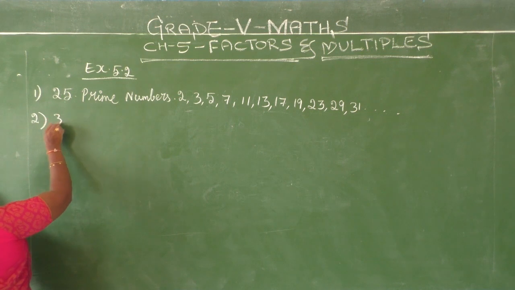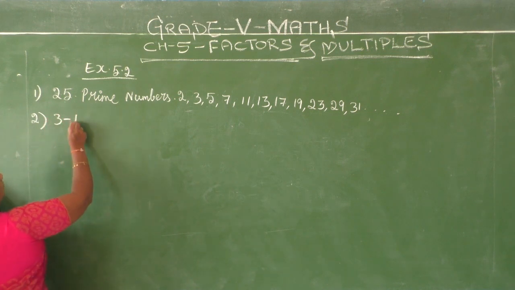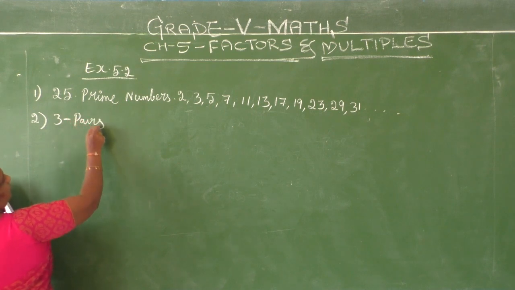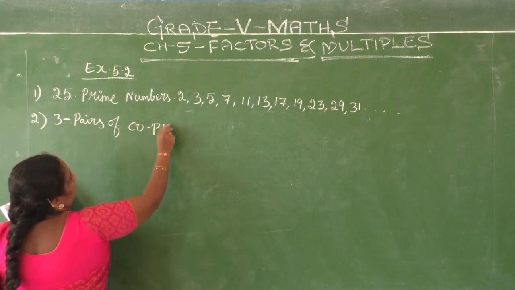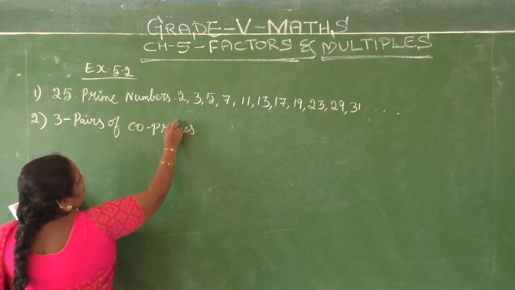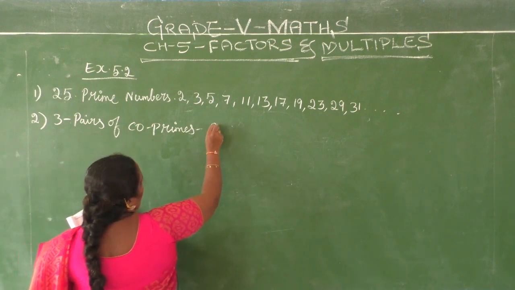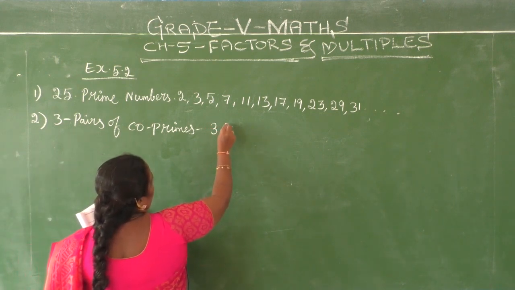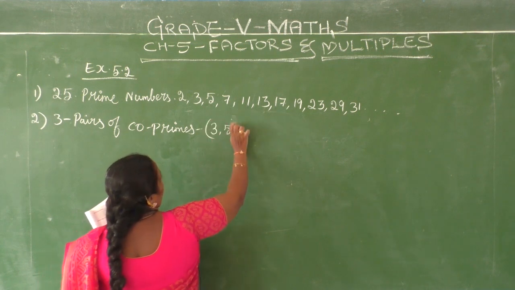They are asking for 3 pairs of co-prime numbers. See, I am giving the 3 pairs of co-prime numbers. The first set is 3 and 5. Okay, 3 and 5.